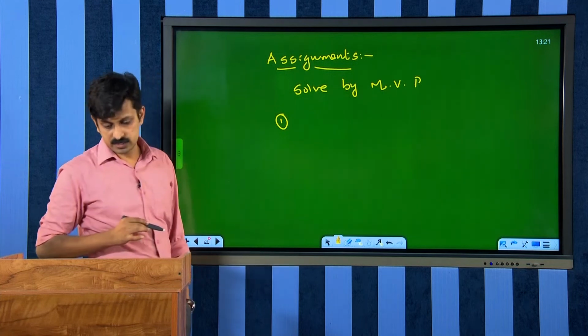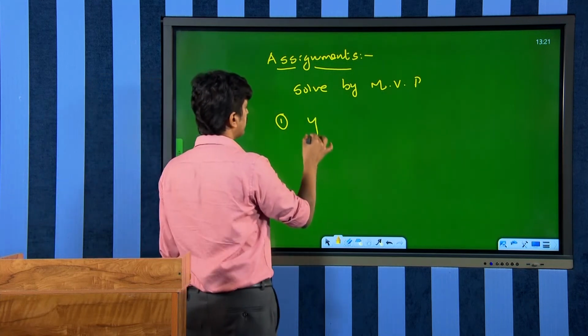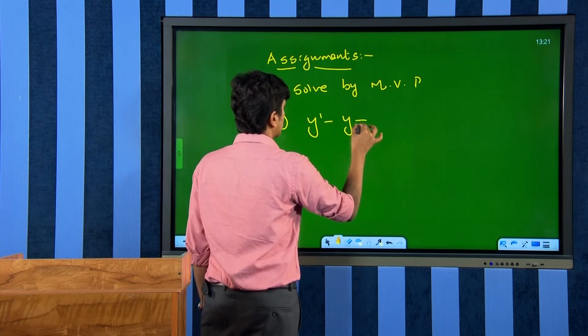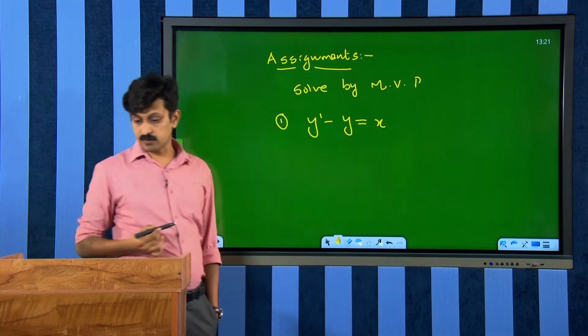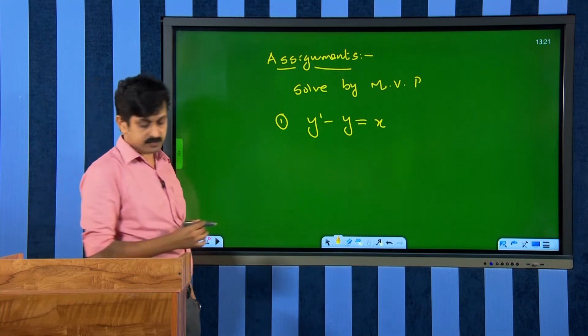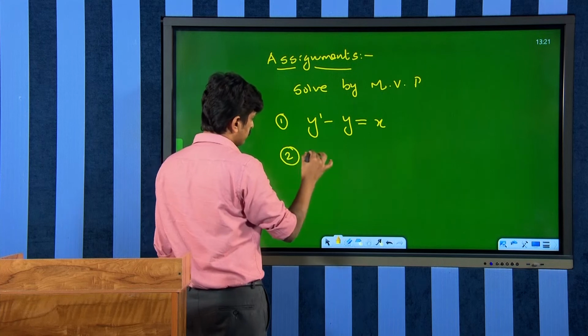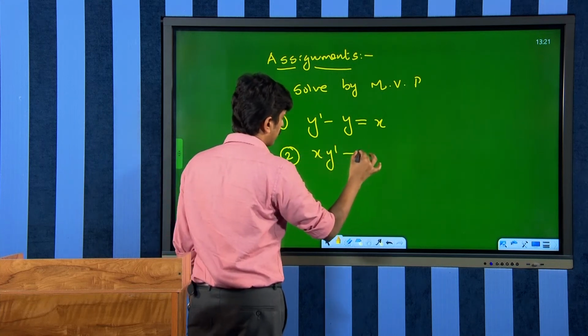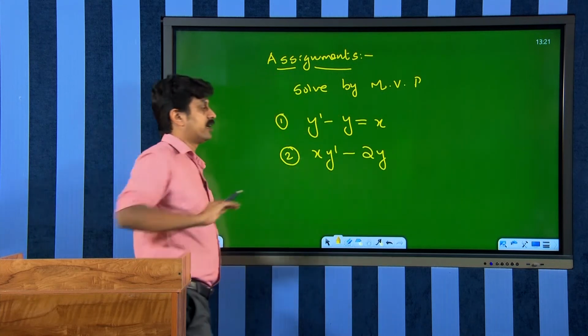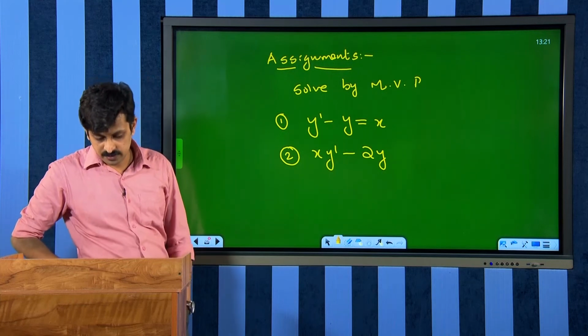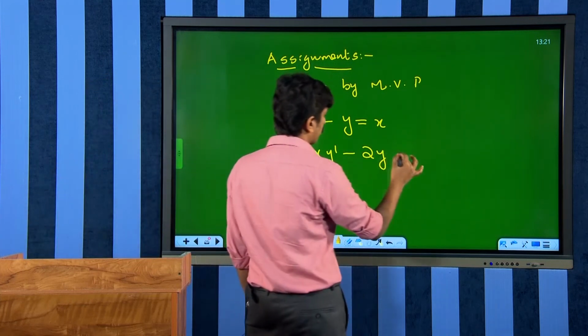The question number 1 is y dash minus y is equal to x. The second one is x y dash minus 2y is equal to x raised to 4.